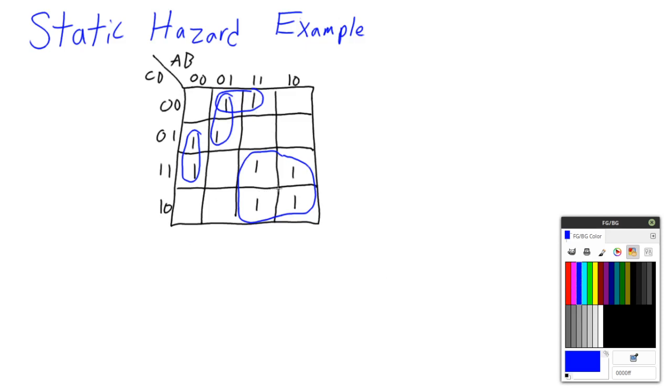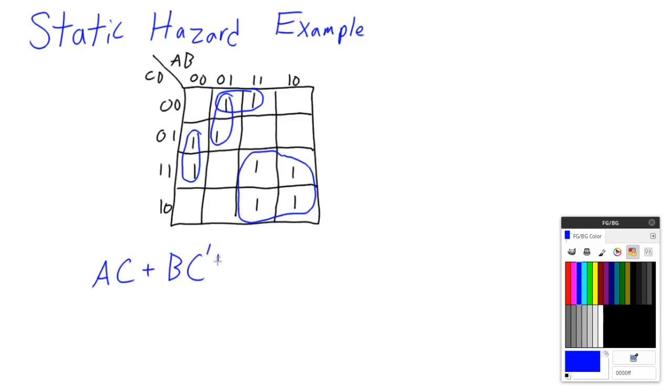So what's staying constant in this big one? Well, we'll say A stays the same as a 1, and C stays the same as a 1. All right. Now what's staying constant in this term right here? Looks like B stays as a 1, and C and D are both zeros.